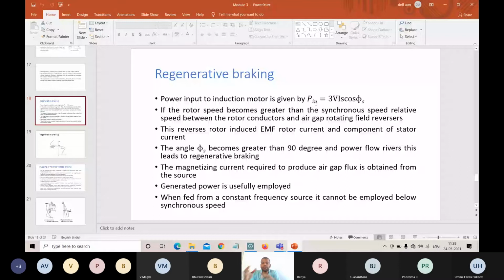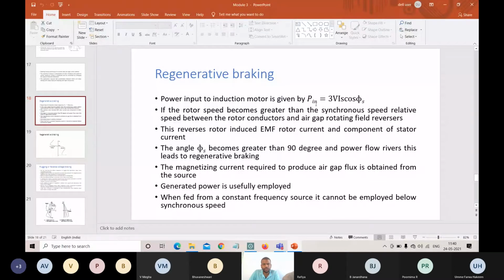Here the synchronous speed should be less than the rotor speed. Whenever the speed generated is less than the rotor speed, automatically the regenerative action takes place. So the constant frequency and the magnetizing current which are required are fed from the source.